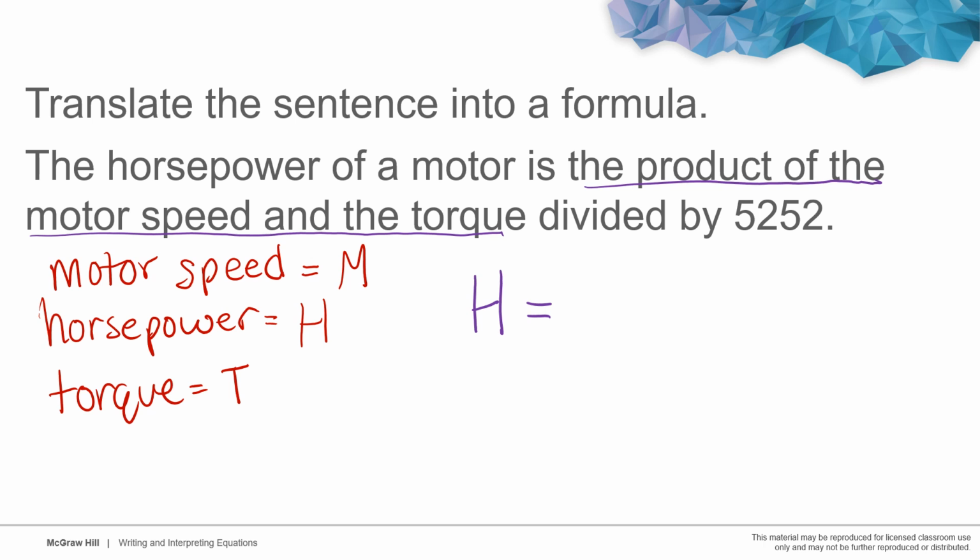So we're multiplying the motor speed and the torque. Product of means multiply. So we're doing M times T. And we're just going to sit them right next to each other because that's multiplication. And then we are divided by 5,252. So we divide, like the fraction, 5,252.